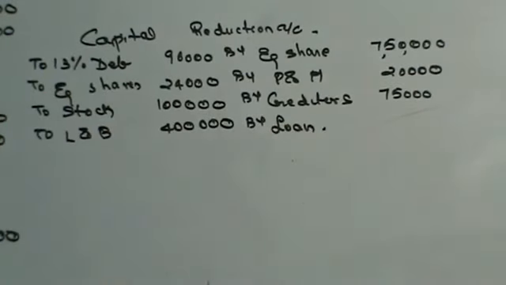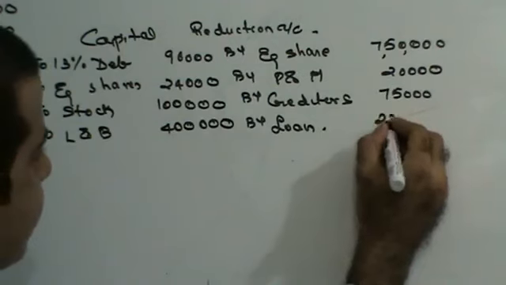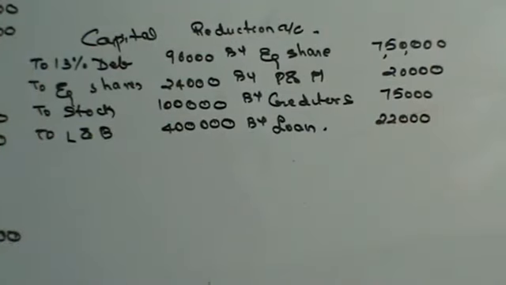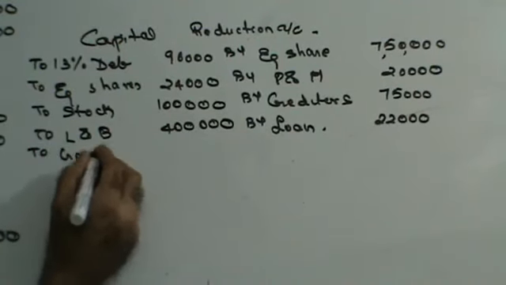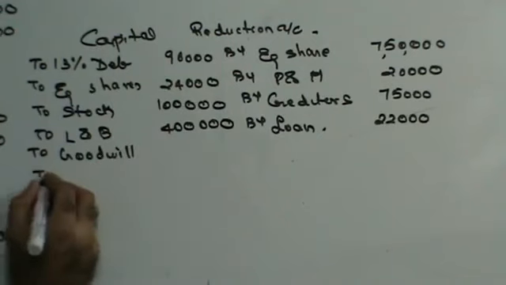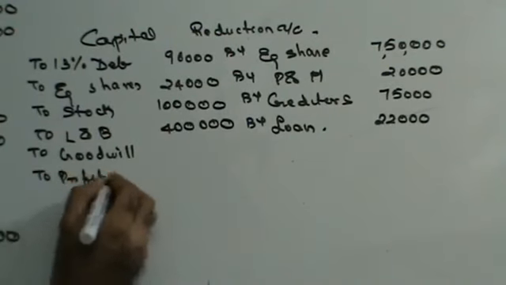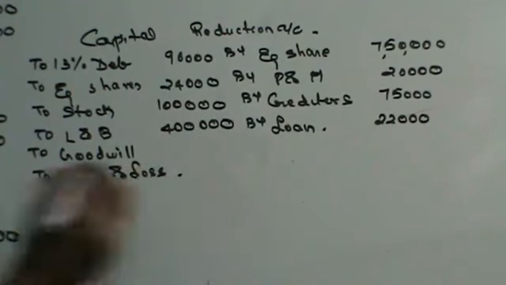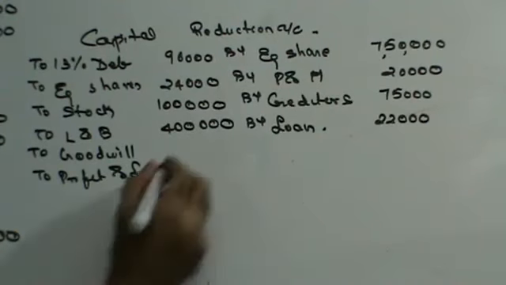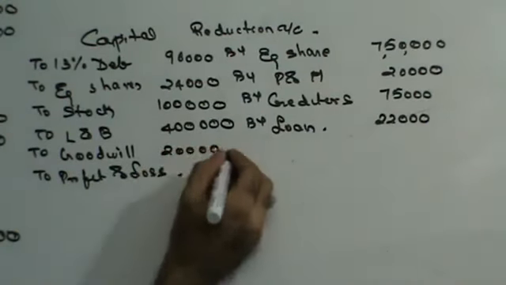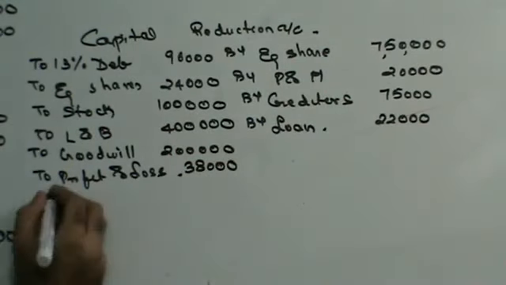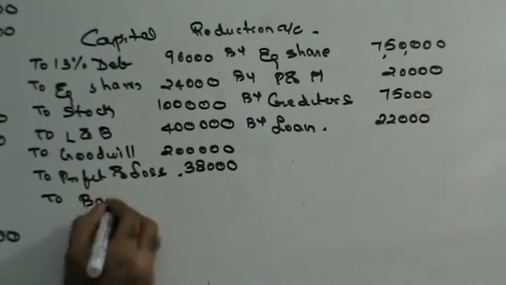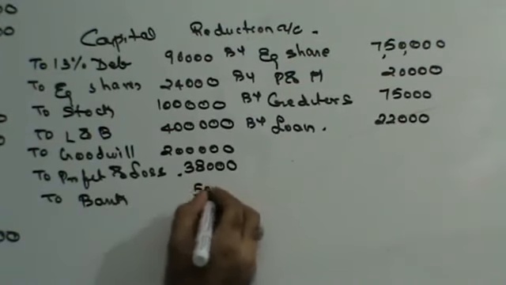Loan is 22,000. Then you have capital reduction on the debit side to goodwill, to profit and loss. Right? Goodwill is 2 lakhs. Profit and loss is 38,000. Capital reduction on the debit side to bank 5,000.